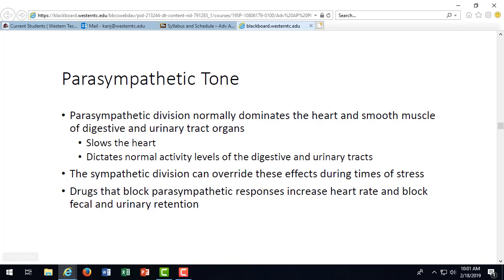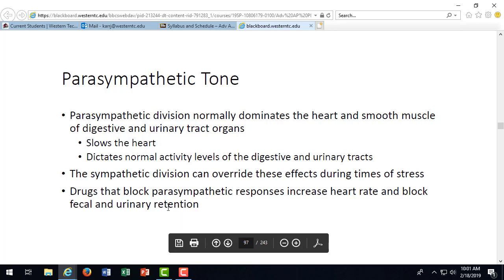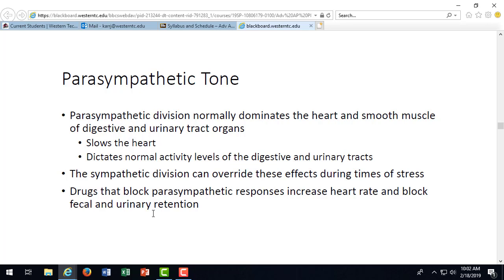But again, if we want to promote urination, we want to give drugs that, let's see, I'm trying to read this correctly now. Drugs that block parasympathetic, increase heart rate, and block fecal and urinary retention.